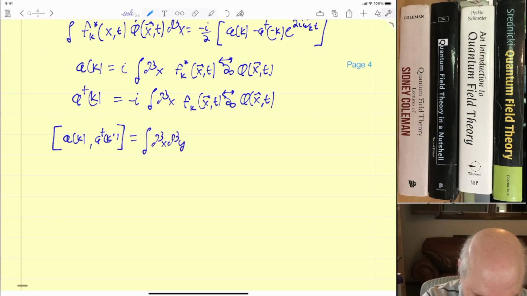I'm not going to do the whole computation, but we have our AK. And we can do this at equal times. We can take our fields at equal times because any time will do for these. They're all the same. Okay.